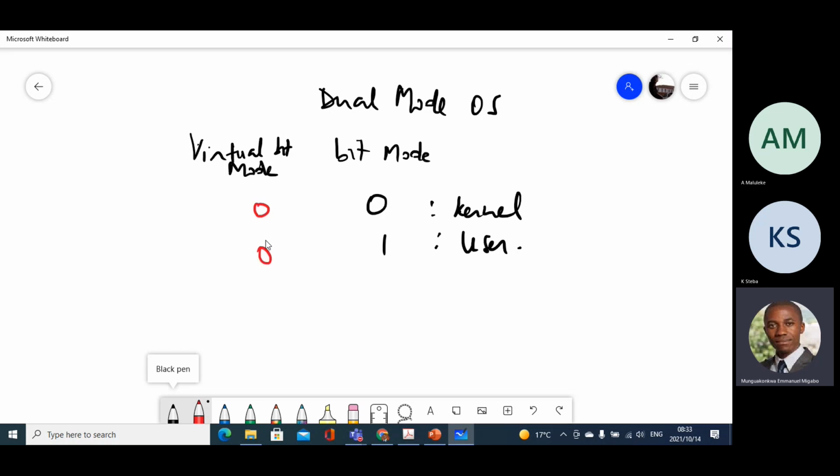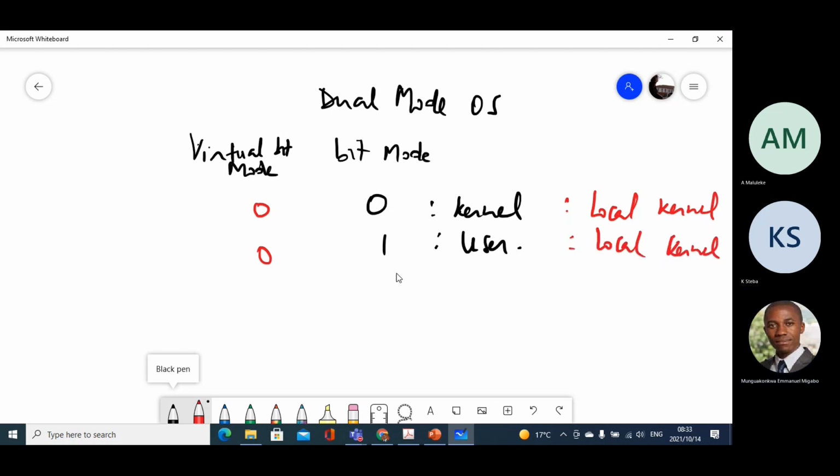When the virtual bit mode is 0, then you are in local kernel, meaning physical kernel, basically physical machine kernel. Local also means physical, so you are busy with the physical machine.